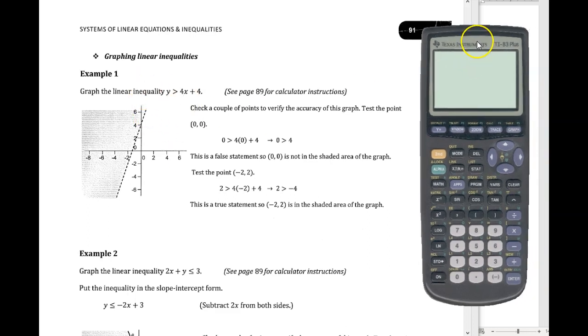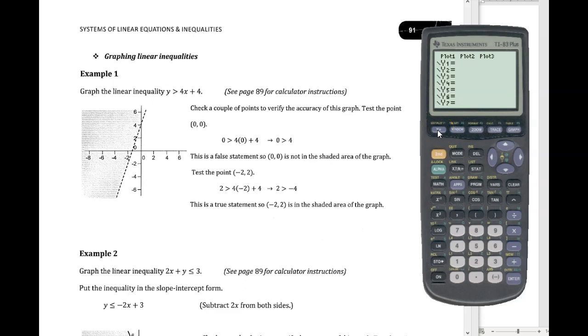So when you put any equation or inequality into the calculator to graph, you want to make sure you set your, in this case, inequality equal to y. So you want to isolate y and get y by itself, because in order to input the inequality or equation, you're going to first select the y equals button here.